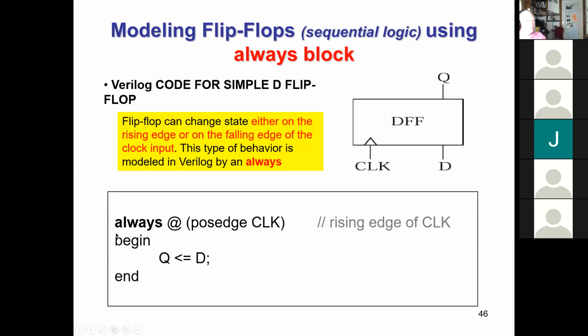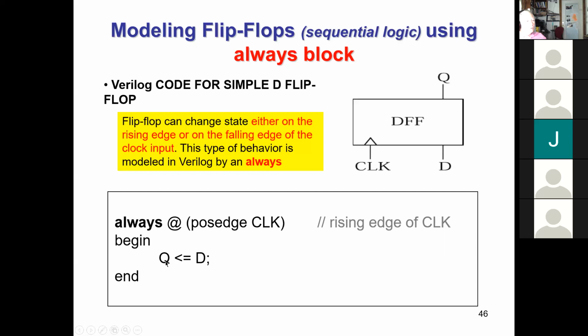And here we have always at posedge clock, begin, Q is assigned the value of D. Notice non-blocking. Probably wouldn't really matter here because there's only one statement anyway, but when you have edge signals up here and you intend this to be sequential, you normally should discipline yourself to use the less-than-equal sign as the assignment operator inside the always block.